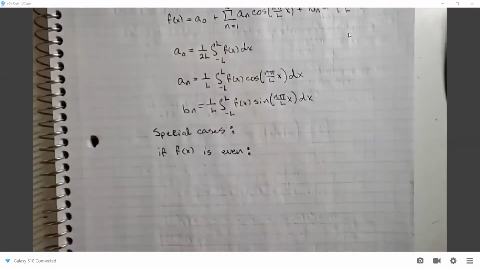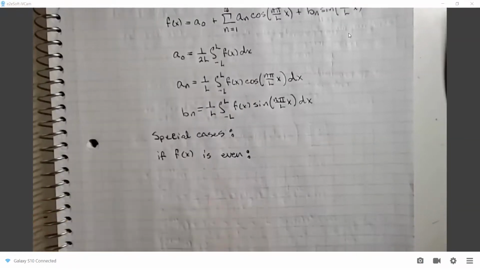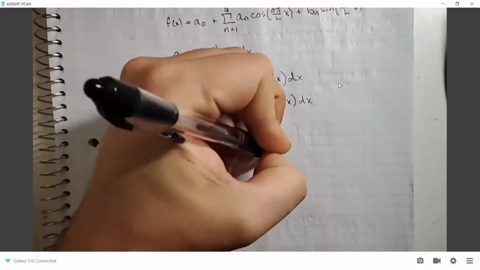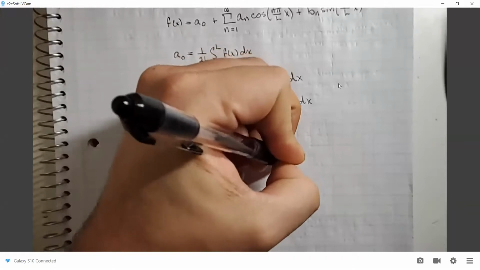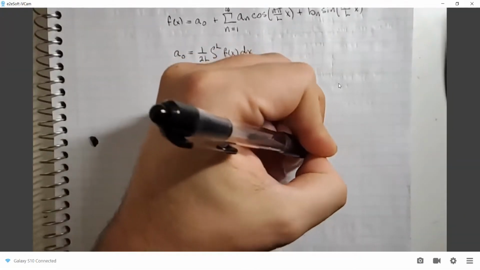So if f of x is even, what can we do to simplify, say, a naught? You could double it and go from 0 to L. Yeah. So a naught would be, instead of 1 over 2L, 1 over L, integral from 0 to L of f of x dx.